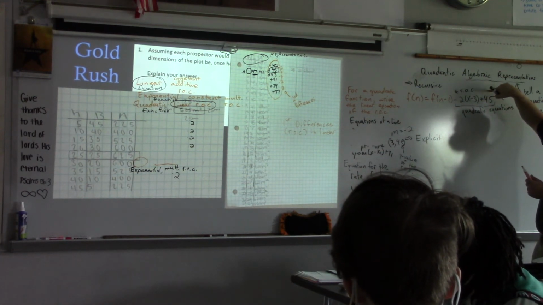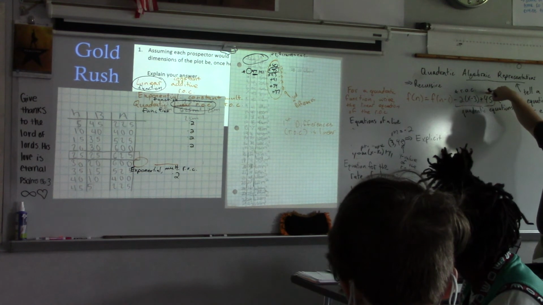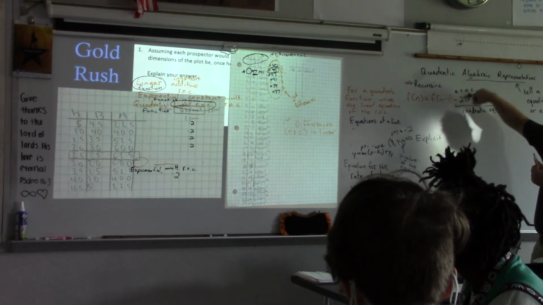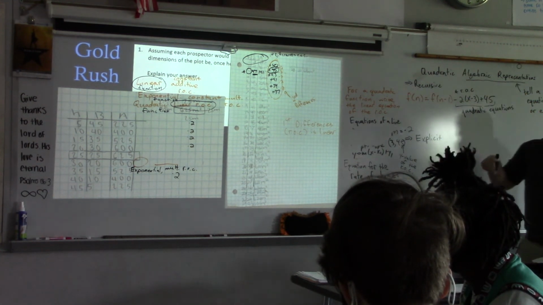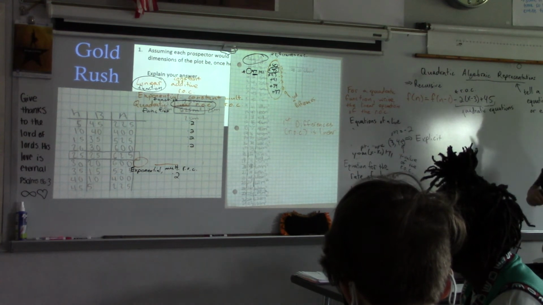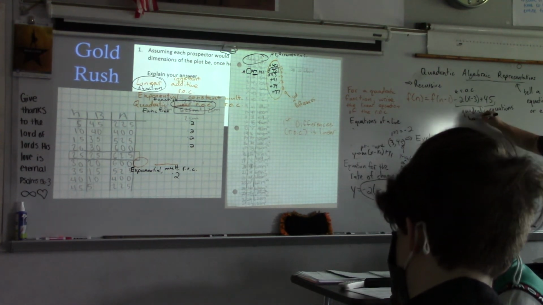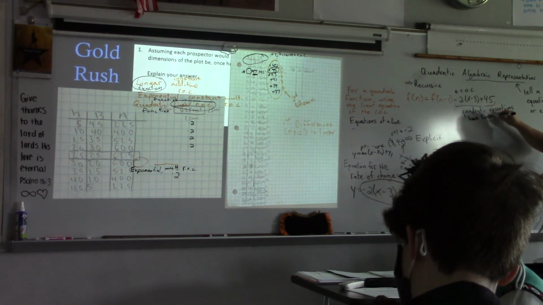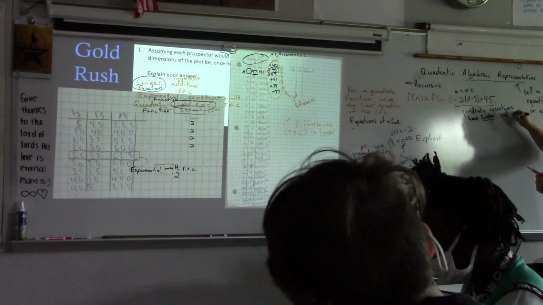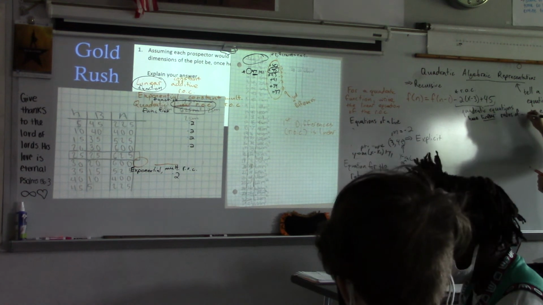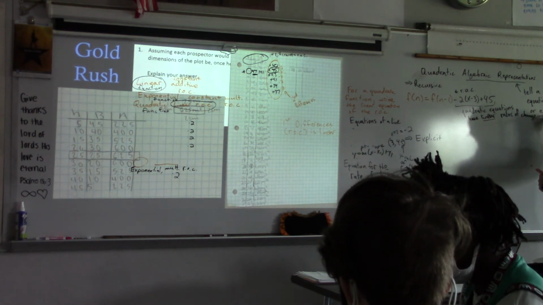And what kind of rate of change does a quadratic function have? Linear, right? So we use point slope form of a line. We need to remember quadratic equations have linear rates of change. That is a huge part to know here.